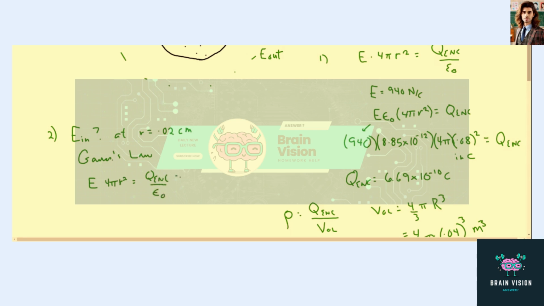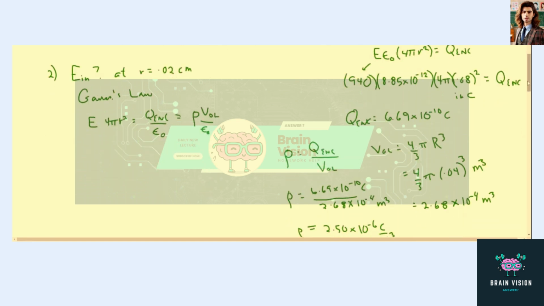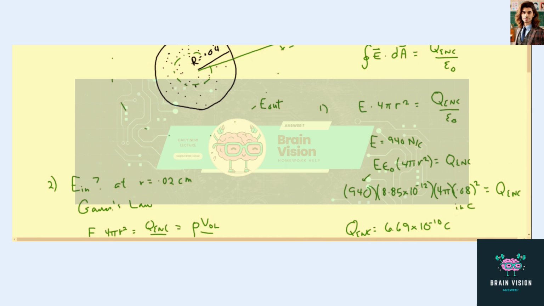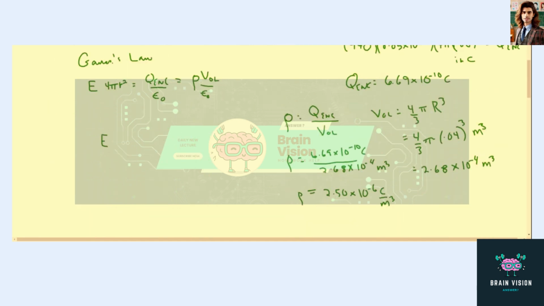The charge enclosed is going to come from the density times the volume. R is the little radius out to the Gaussian sphere, the green imaginary sphere that I drew.